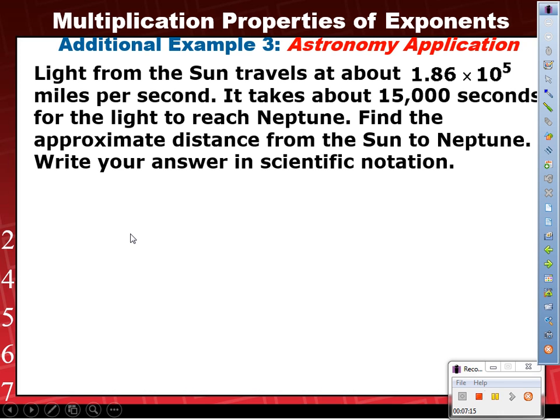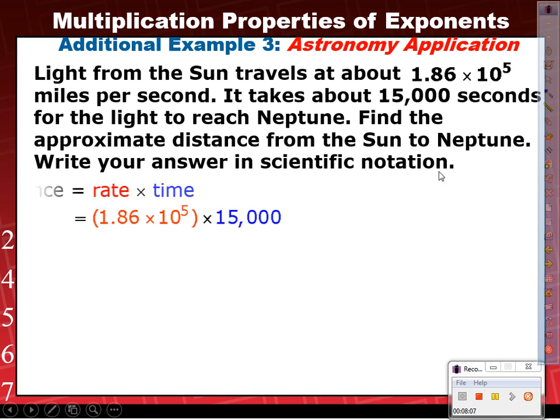So if I was to write the distance formula, we got distance equals rate times time. What was the rate? 1.86 times 10 to the 5th. There it is. And what was the time that it takes the light to reach Neptune? 15,000 seconds. Now, here goes a refresher from last year.